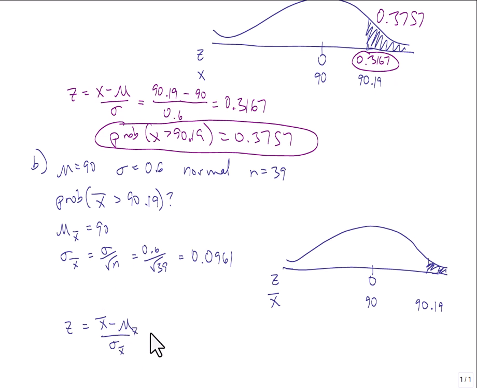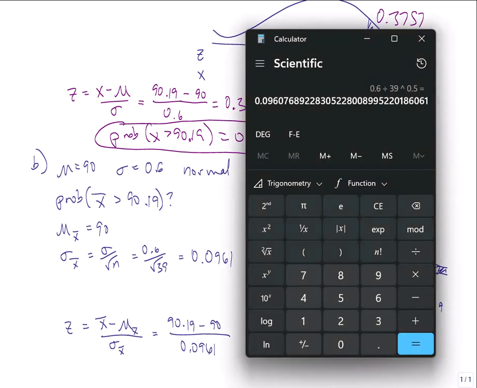Technically, we're talking about mu x bar, but it's the same value. So x bar is 90.19. Our mu is still 90, but the standard deviation is sigma x bar, and that's 0.0961. So we need to calculate that.